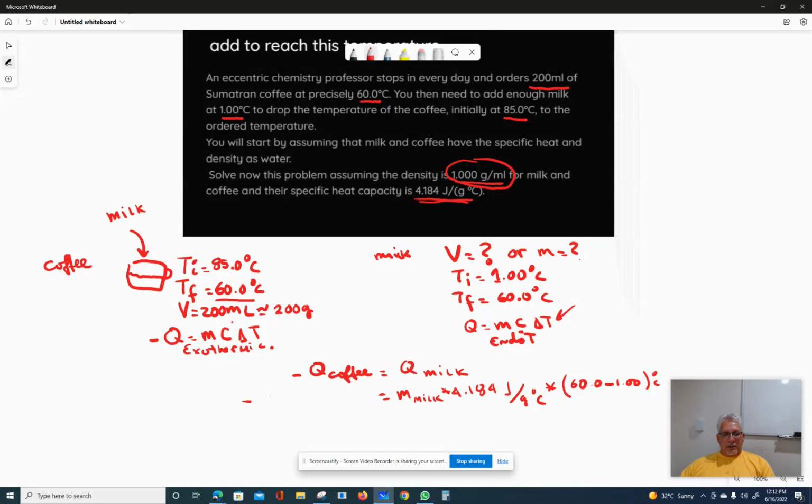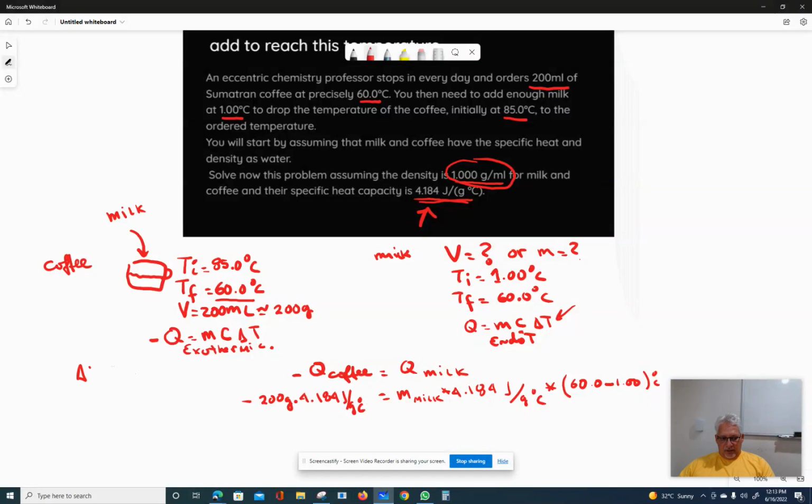The mass of the coffee is 200 grams. The heat capacity of the coffee is also, the problem says, assuming the heat capacity of water, which is the same for both. That will be 4.184 joule per gram Celsius. And delta T, I don't have enough room here, but I will try to squeeze my delta T here.